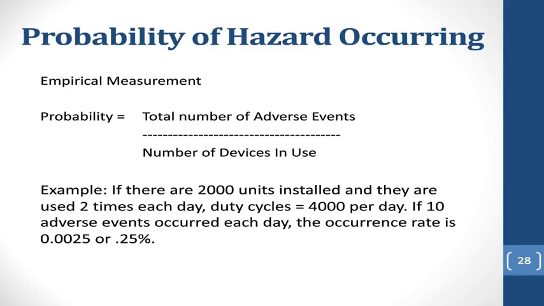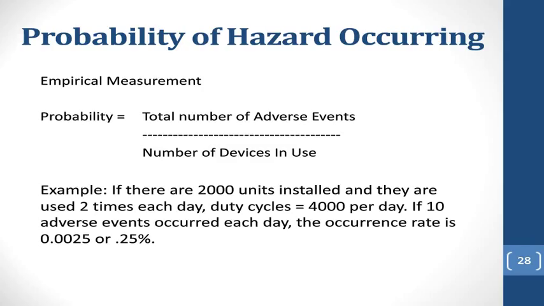And I'm just giving you a really simple example, but what's important to realize here is, like I said, I actually made this example up. This isn't based on any real actual device documents that I saw. But just to give you an example, say there's 2,000 of these devices and they're used 2 times each day.